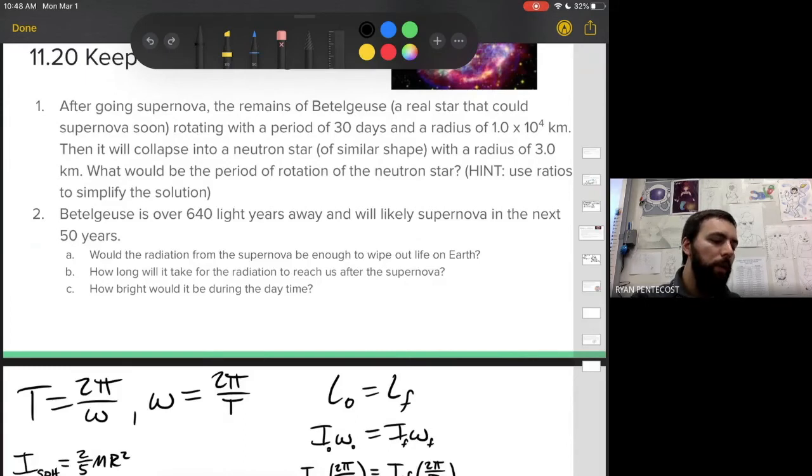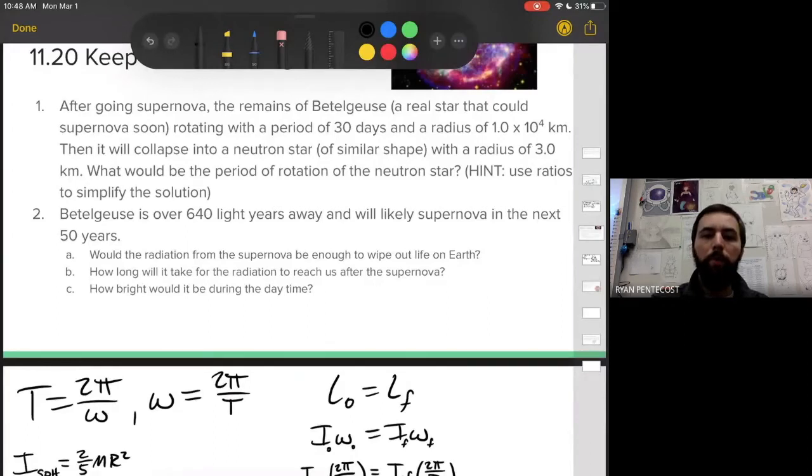Now, how long will it take the radiation to reach us after the supernova? It's not a matter of if, it's a matter of when Betelgeuse supernovas and when we can see it. When it's talking about radiation here, it's talking about electromagnetic radiation. That electromagnetic radiation is simply light.